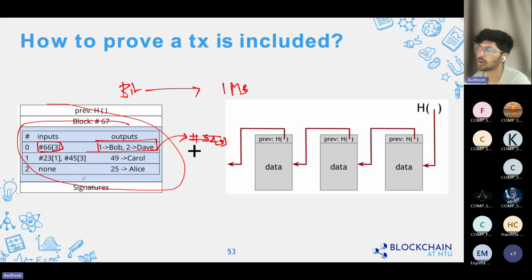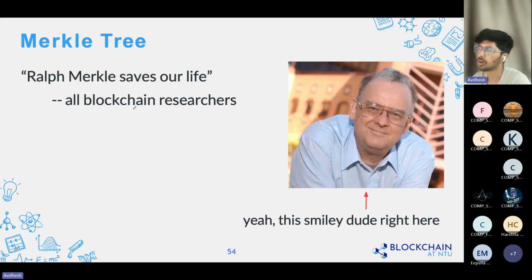If this is block 67, this transaction has to be stored on block 68 as well, and on all the blocks after block 67. So the idea is to apply some mathematical formula or algorithm to minimize the space utilized by all the transactions, and that is where Merkle trees come from.